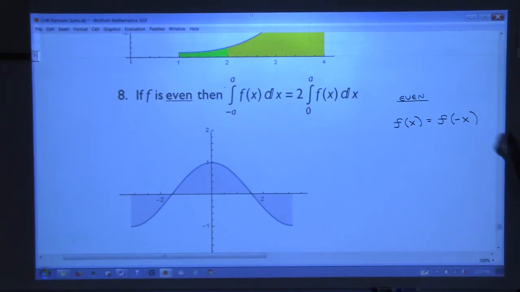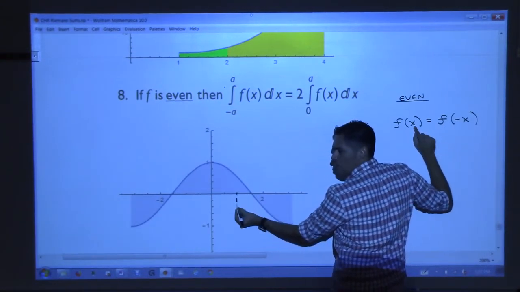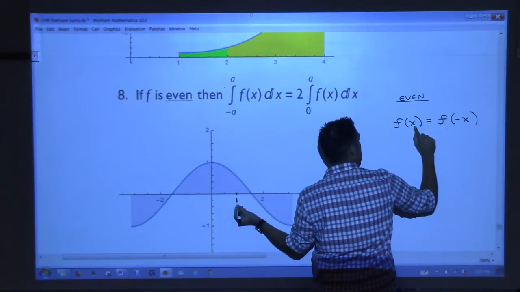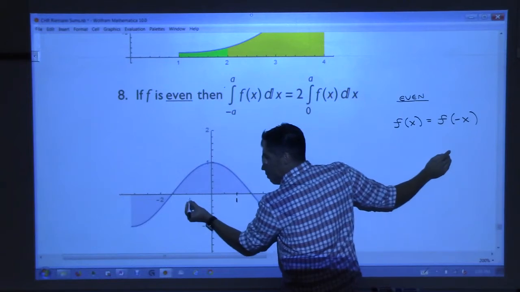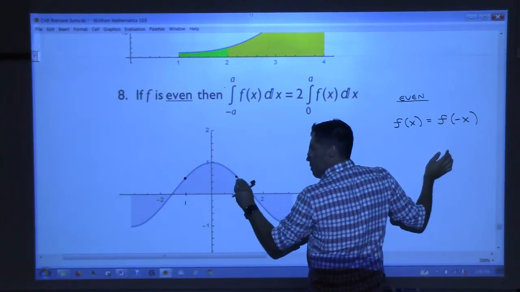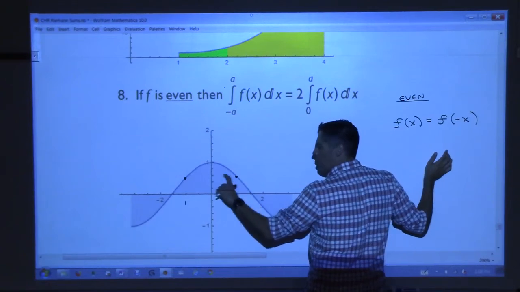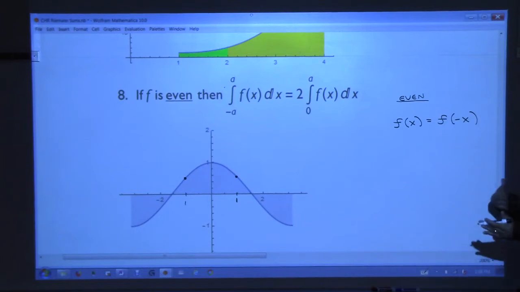So if we look at this, what this is saying is that when you plug x into this function, for example, this looks like this is 1, right? You see that's the number 1? If I plug 1 into this function, I get the same thing as if I plugged in negative 1. So where's negative 1? Right here. So do you agree that this y coordinate, the function's value at 1, is equal to the function's value at negative 1? And if that holds for all values, then it's called an even function.